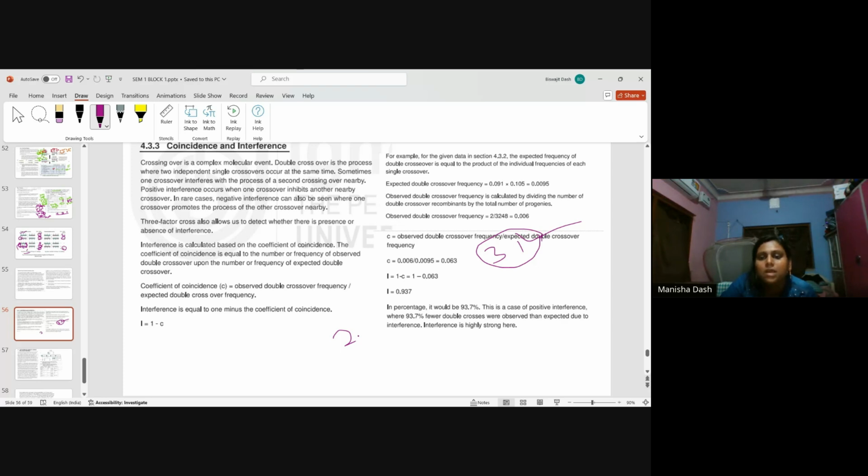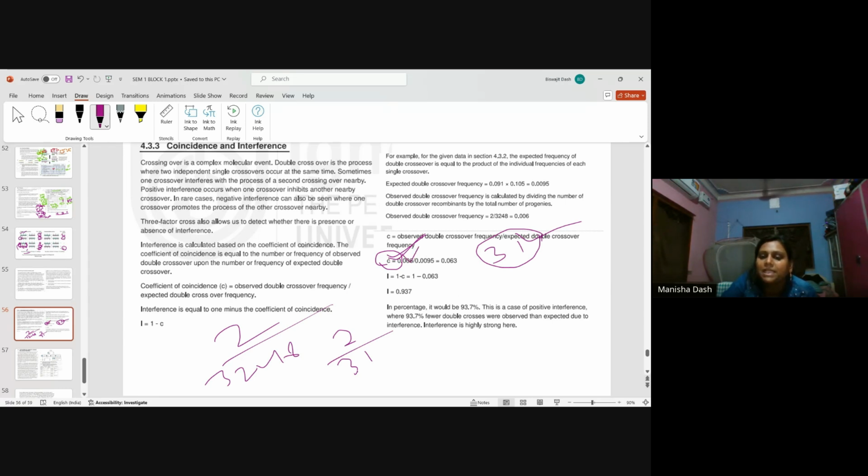So what is the coefficient of coincidence? That is expressed by C, which is actually 2 by 31. Or in other terms, they have expressed that the recombination frequency, that means 2 divided by 3248, the value will be the same as this one. Okay, 0.0006.